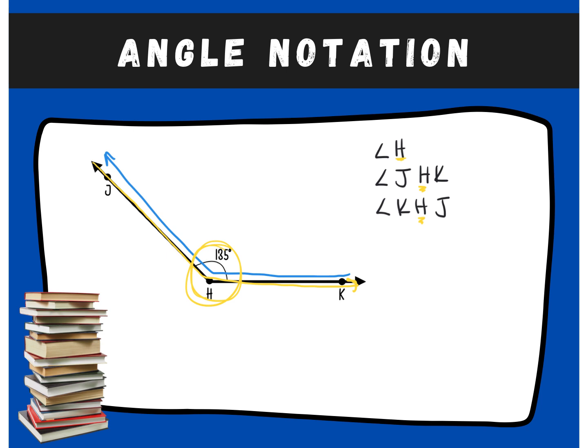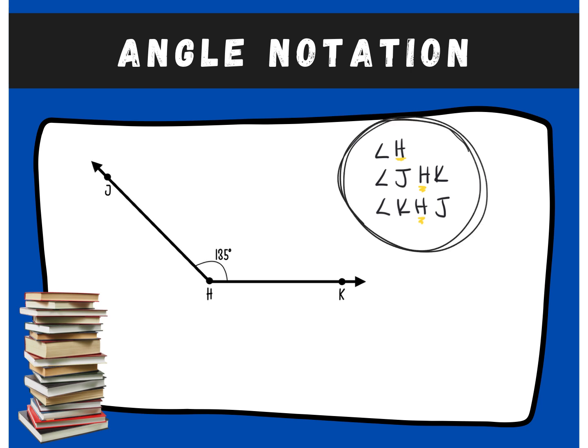Now there is a little more notation that we haven't really talked about. Each of these angles has an angle measure, and the angle measure has a different kind of notation. If I'm just talking about an angle, this is the notation I would use. If I want to talk about the measure of the angle, I would change something just a little bit.